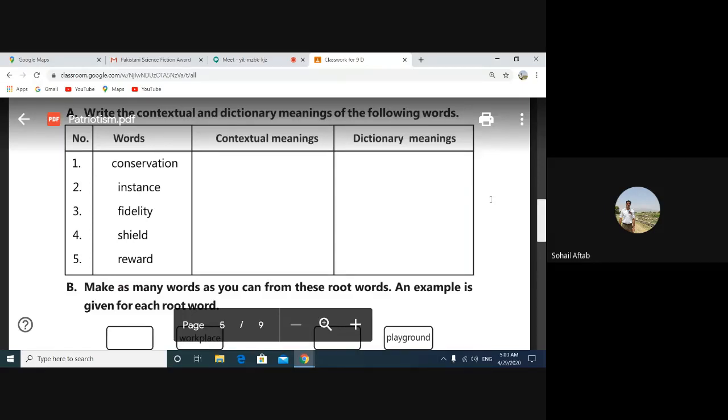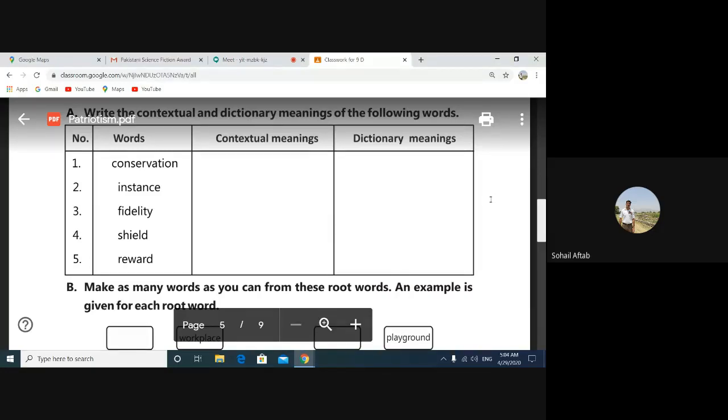When you read a text and try to understand a word within that text, that is called contextual meaning. And dictionary meanings will be a standard meaning wherever you look for that word in any dictionary; more or less, it will be the same. Okay, let us do it together now.